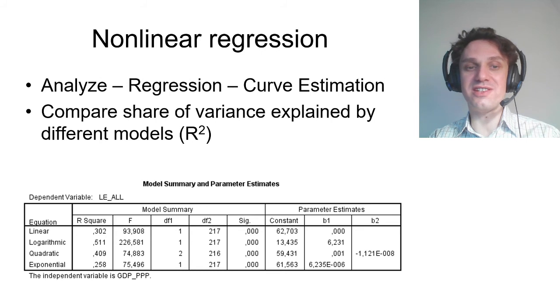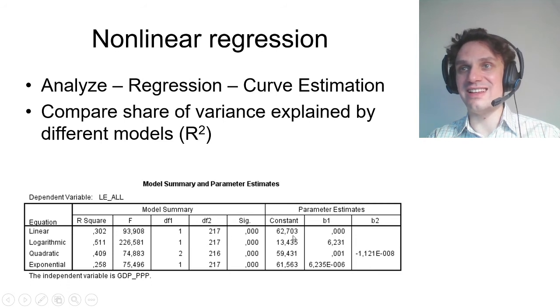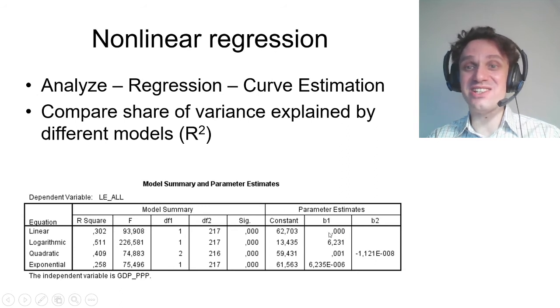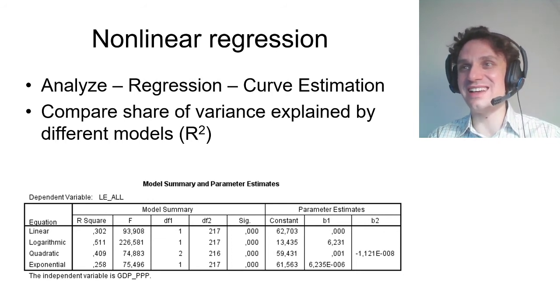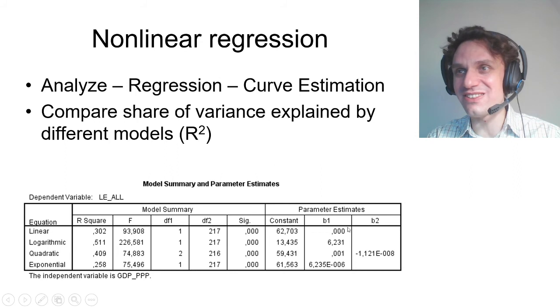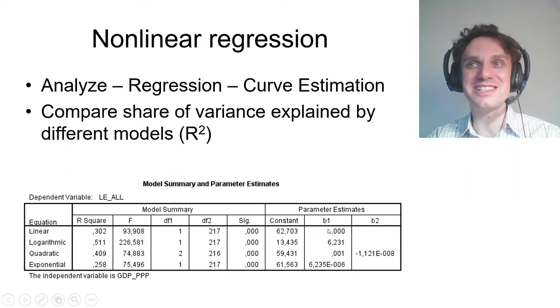You can order different functions, for example, a linear function, a linear regression, where we know how to calculate these parameters. Here, this slope is just too small, so it was rounded to 0, because the GDP is expressed in thousands of dollars and life expectancy is expressed in years. If you want a more tangible value here, you probably need to rescale one of the variables.